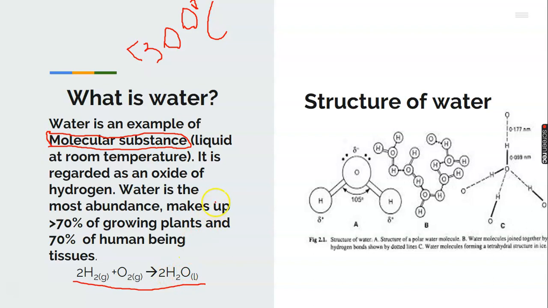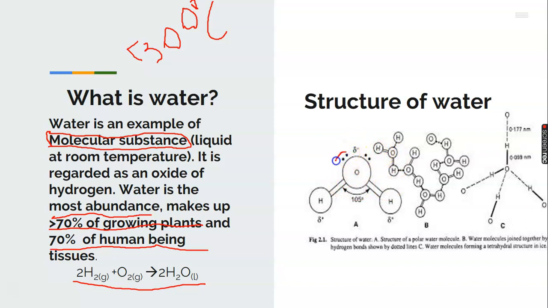So here we say water is most abundant, both in plant and animal tissue. You can see water making up more than 70% in growing plants, and 70% of human tissues also.